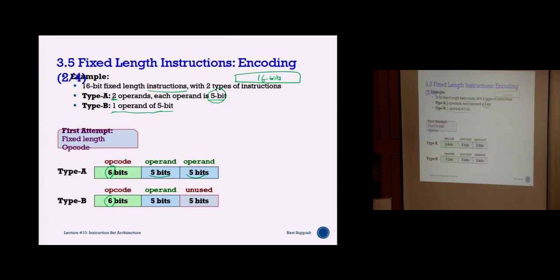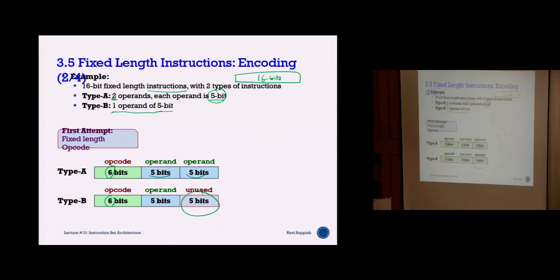So looking at the fixed length opcode scheme, what do you see? Type B will have 5 bits unused, because type B only requires one opcode and one operand. Type A requires two operands, so I need to have the 5 bits there, but in type B, that 5 bits is wasted, it's not being used.